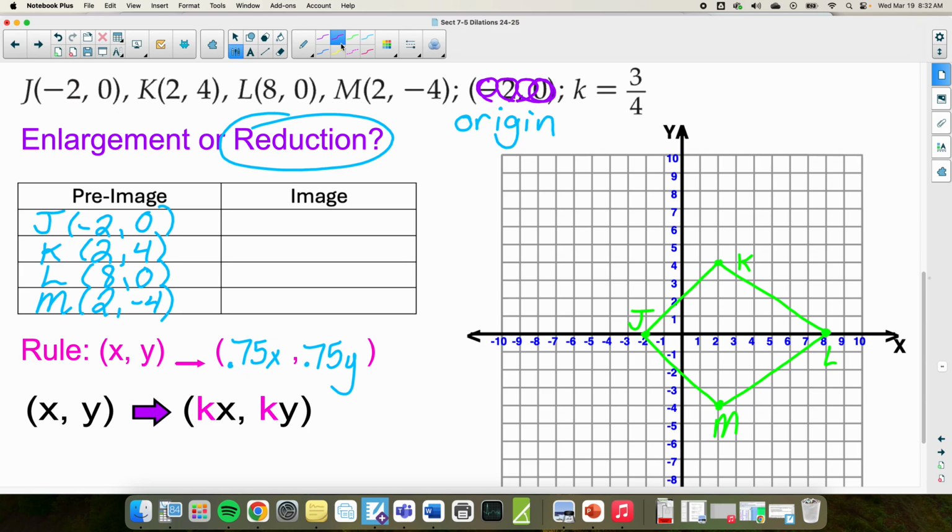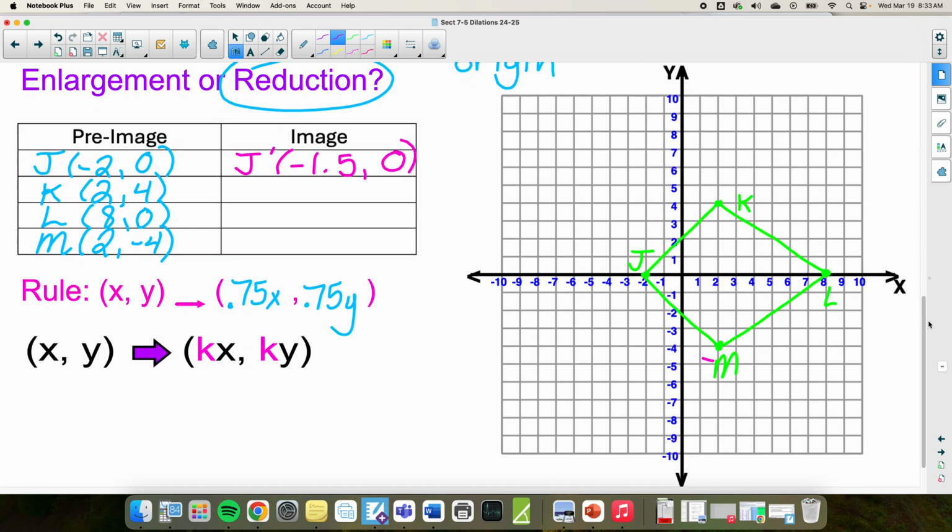So -2 times 0.75, we're gonna call this J prime, and -2 times 0.75 is gonna be -1.5. 0 times 0.75 is just 0. And if you're doing your homework, you could use 2 different colors, one for your first figure and another for your second figure. You don't have to do it that way.